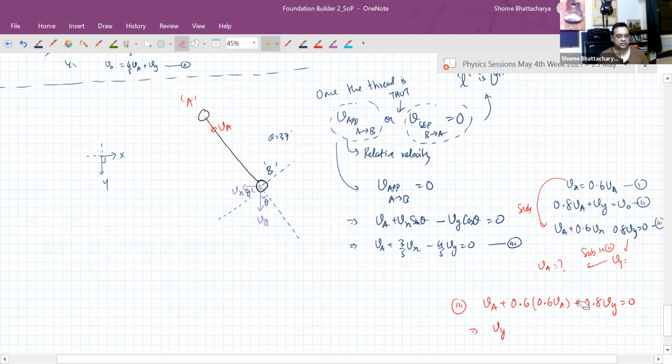Yeah, there's a minus sign there. So Vy will come out to be how much? 1.36 divided by 0.8 times VA. 1.7 in fact, isn't it?